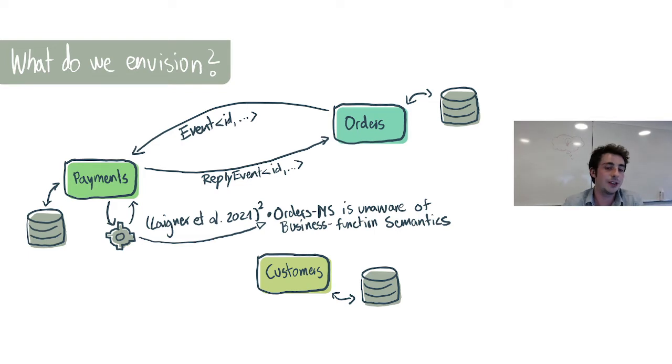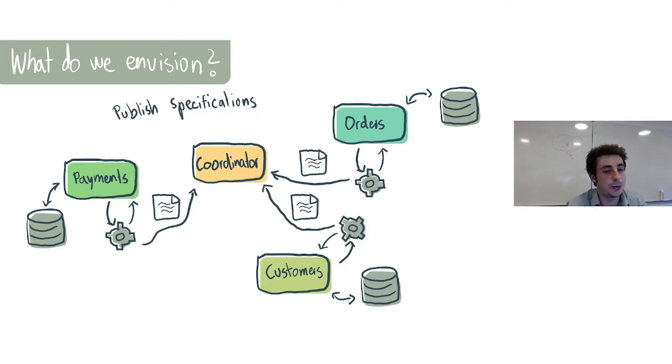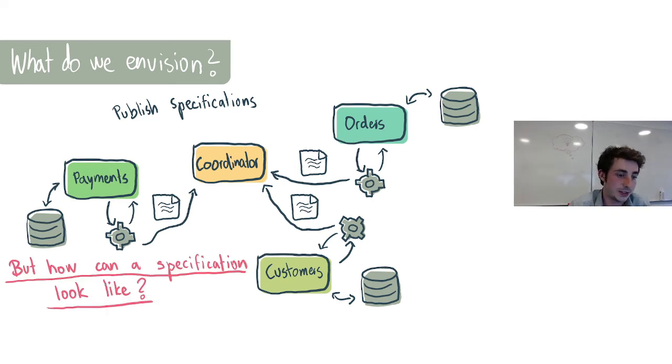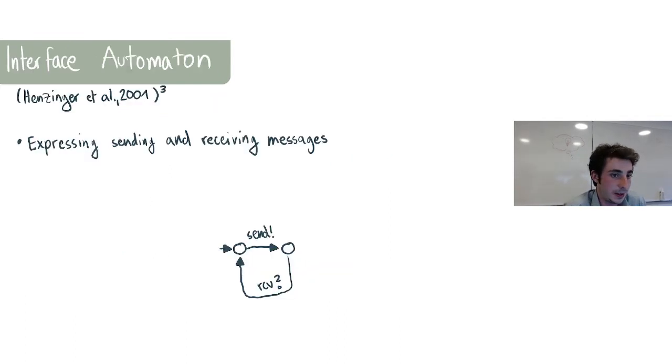The business function that gets triggered is a black box for the orders microservice. What we are thinking to do is to introduce specifications. So we publish specifications of our functions, semantic representations of the functions, inside a central coordinator to then observe the functions. The question really is, how can such a specification look like?